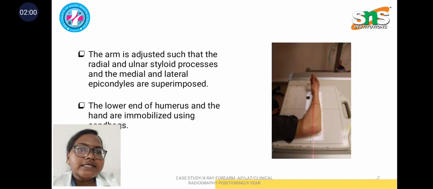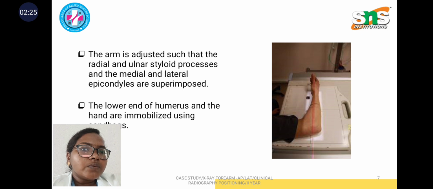So the arm is adjusted such that the radial and ulnar styloid process and the medial and lateral epicondyles of the humerus are superimposed. In case of lateral projection, to get a true lateral, we have to make the patient a correct 90 degree angle of the forearm to get medial and lateral epicondyles of the humerus superimposed on each other.